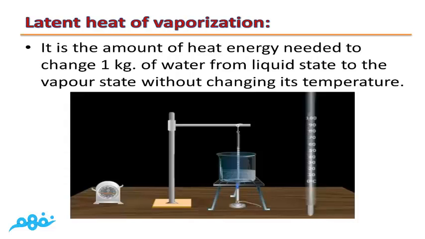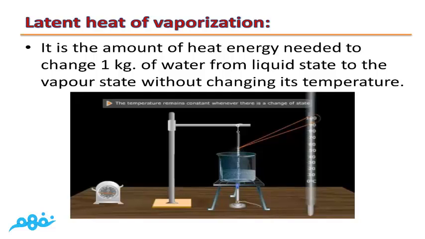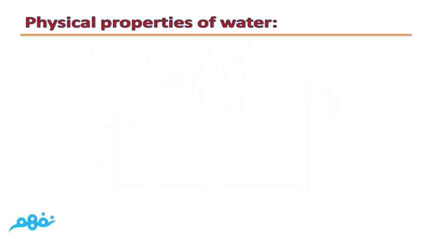What's meant by latent heat of vaporization? It is the amount of heat energy needed to change 1 kilogram of water from liquid state to the vapor state without it changing its temperature. As you can see, all this water will change from liquid water into gaseous water at 100 degrees Celsius without it changing its temperature.